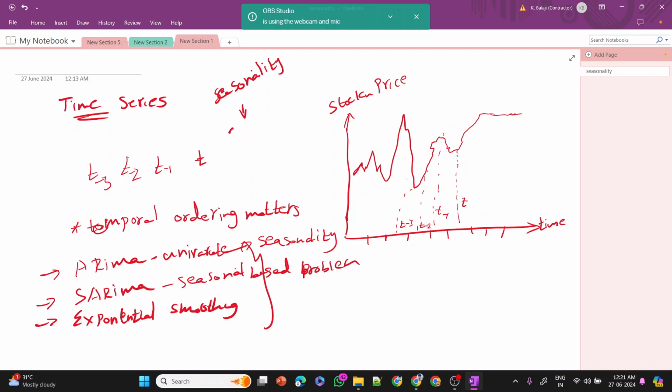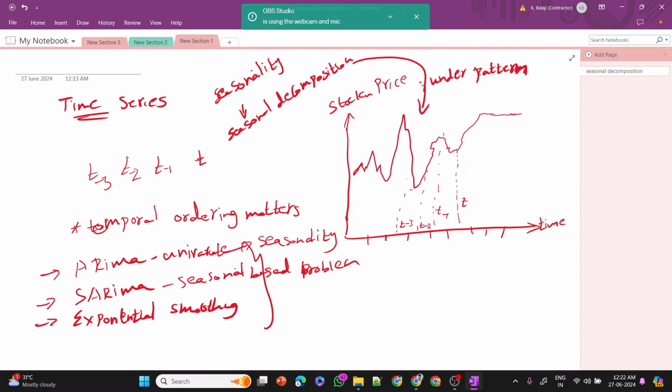There is a concept of seasonal decomposition. This kind of technique is used to understand the pattern in a time series problem.